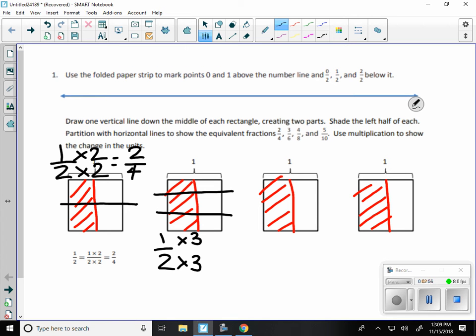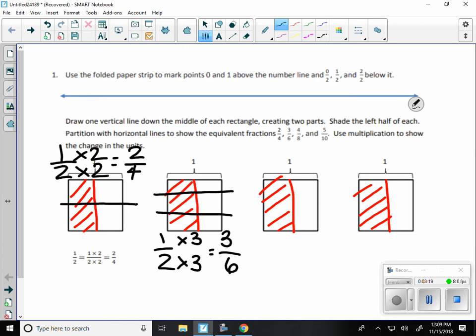What fraction is equivalent to 1/2 in your square when you've done that? What complete fraction? 3/6, because I have 3 shaded out of a total of 1, 2, 3, 4, 5, 6.